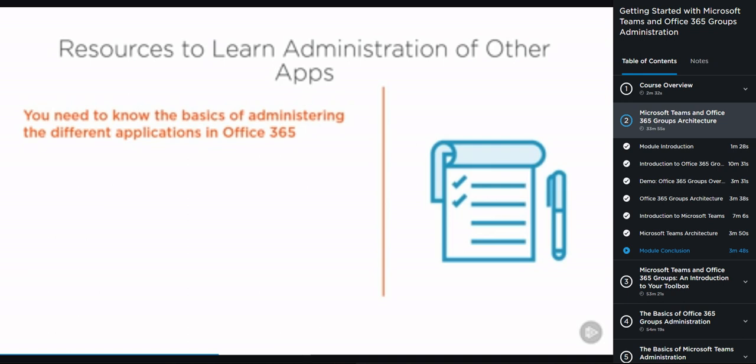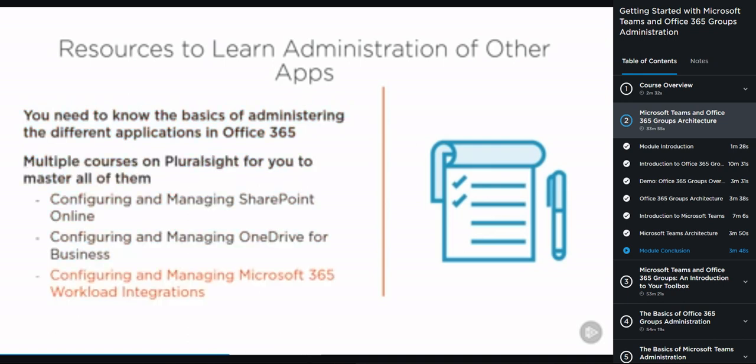Now let's recap everything we have learned in this module. Office 365 groups are a group of Office 365 collaboration resources with a shared membership. And depending on where you create a group from, different applications will be provisioned for you.